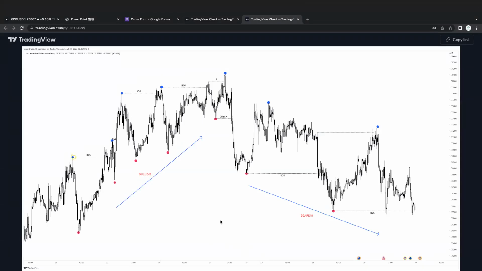And this BOS is valid because it takes out the previous low, which is here. And again the market pushes higher, taking out this inducement, BOS, which is absolutely correct. And I think this one taking out this inducement is correct. And this one is also correct.